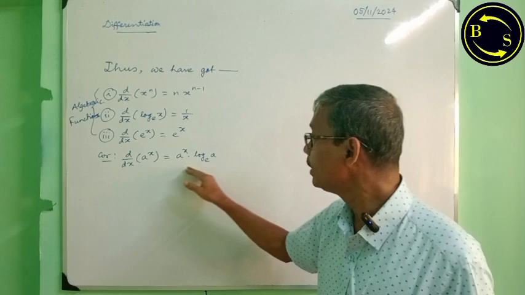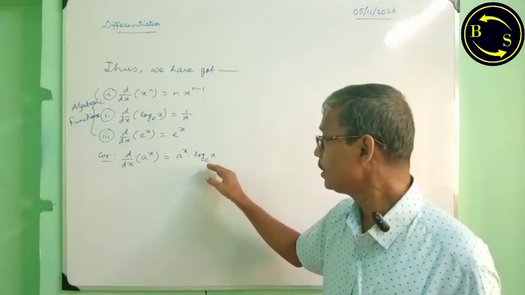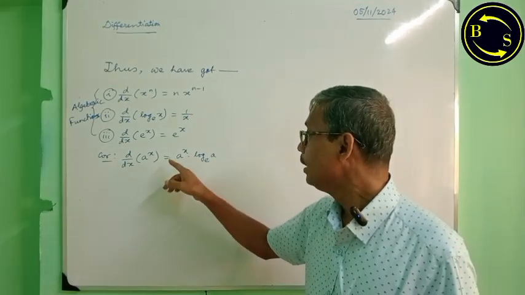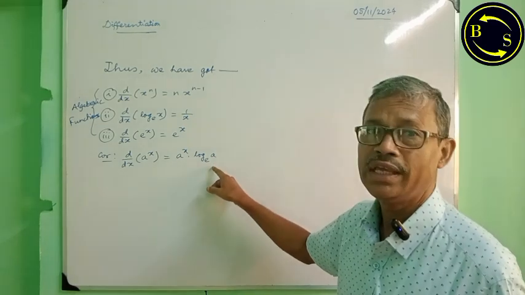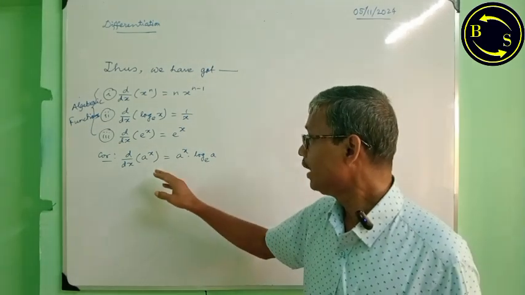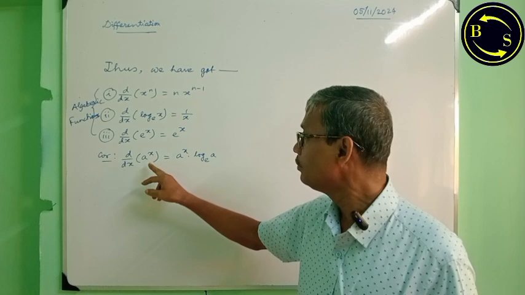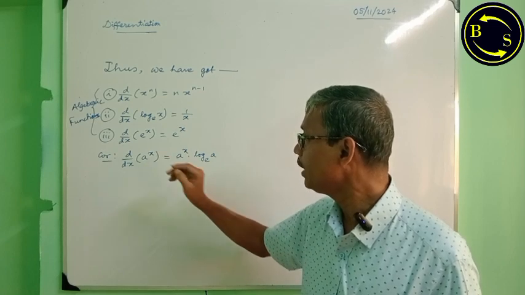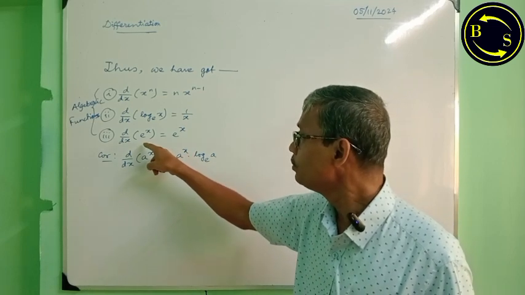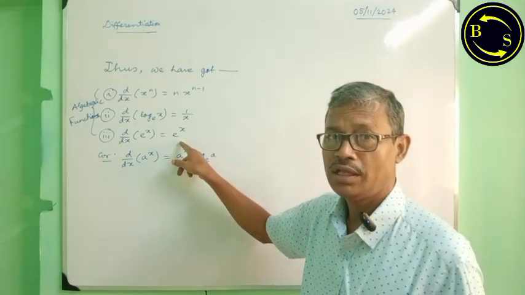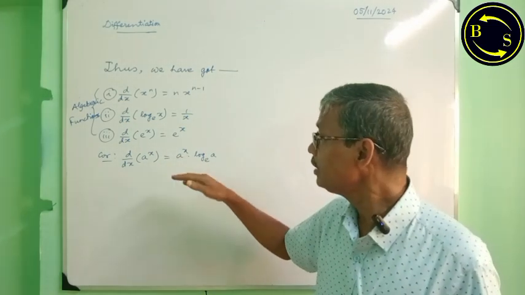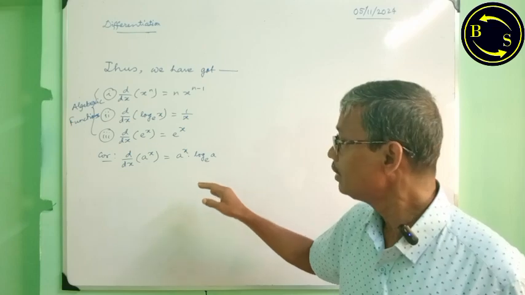Here I have written directly the result: d/dx of a to the power x equal to a to the power x into log of a to the base e. Actually, to find the derivative of a to the power x, we can use the derivative of e to the power x like this. You can find easily using definition.